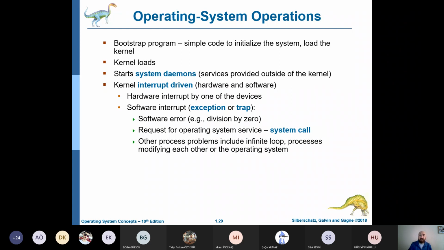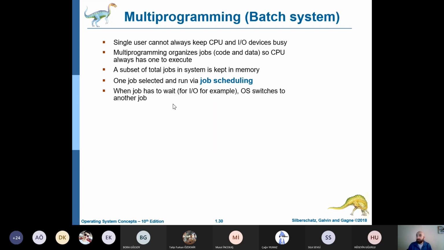So basically, we have an error or we have a specific need, and based on that, we are requesting a system call from the operating system. In that manner, we can say that system calls are the main way we create an interaction between our application programs and the operating system.